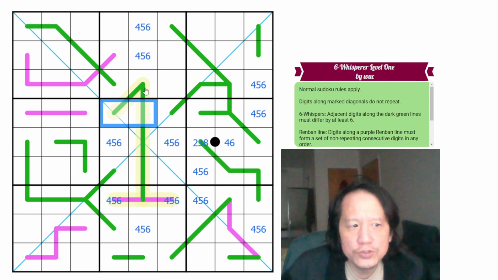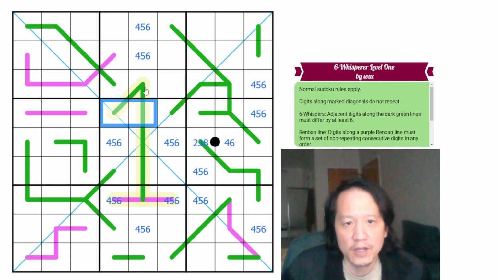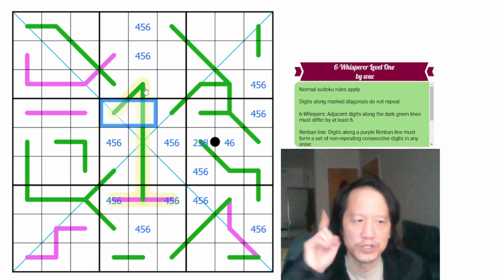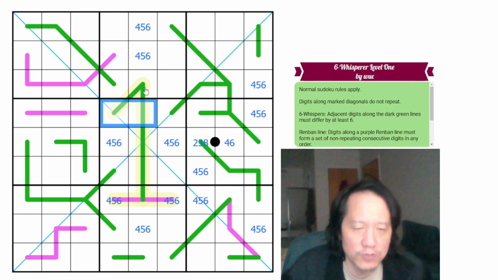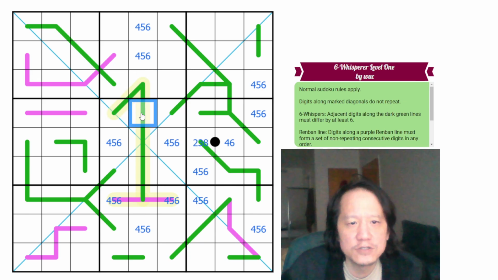Because 2 can have neighbors of 8 and 9. 1 can have neighbors of 7, 8, or 9. 8 can obviously have neighbors of 1 or 2, and 9 can have neighbors of 1, 2, or 3. So 3 and 7 can be on the 6 whisperer line, but it has to be only next to one unique number, right? 3 can only be next to 9, and 7 can only be next to 1. Therefore, this is next to 2 unique numbers.